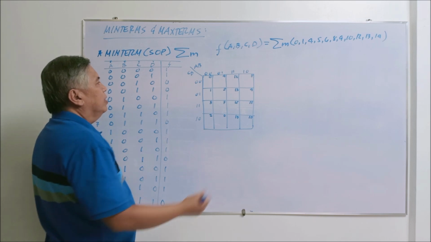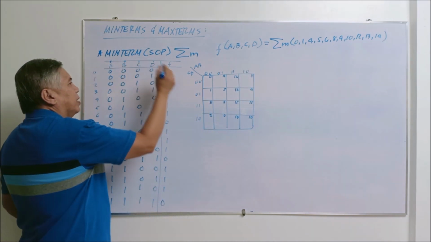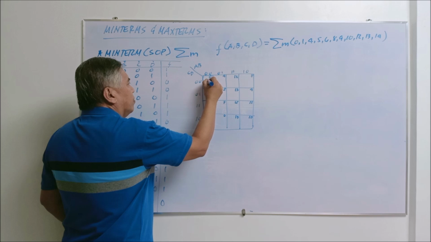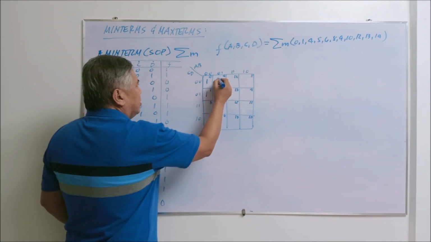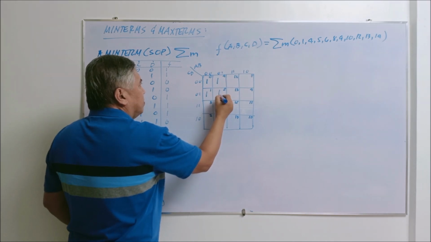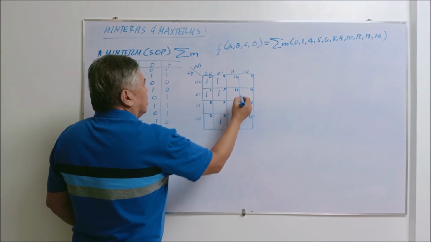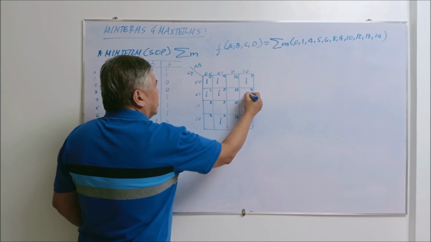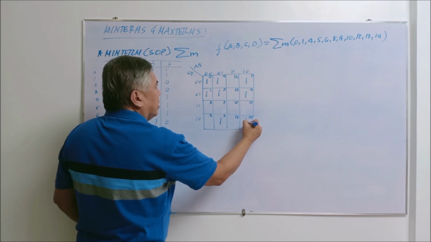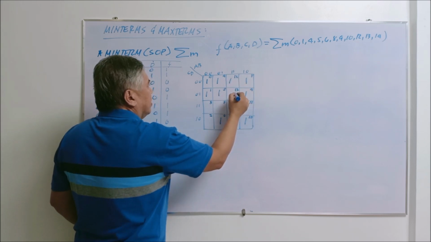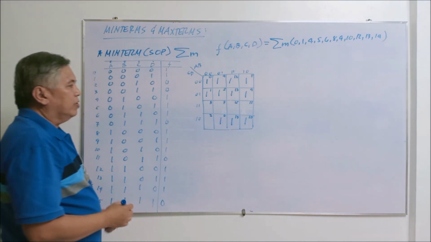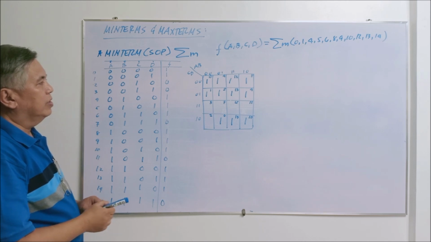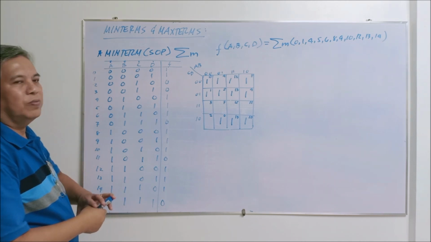So you have 0. Since this is sum of product, we put a 1 in the 0, then 1, then 4, 5, 6, 8, 9, 10, 12, 13, and 14. That will be the location of our Minterms.